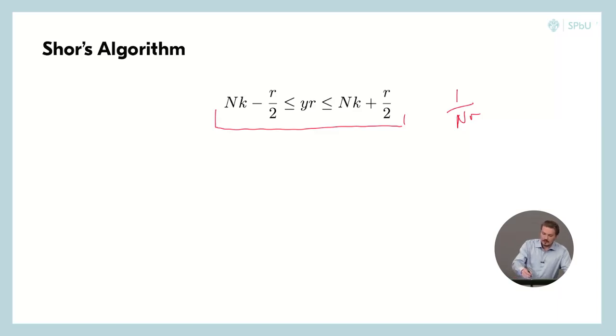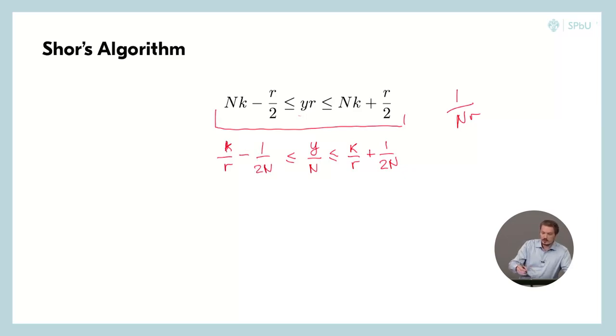If we divide by n and by r, we get y divided by n is less or equal to k divided by r plus 1 by 2n, and greater or equal to k divided by r minus 1 by 2n.